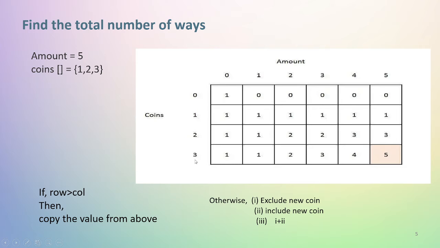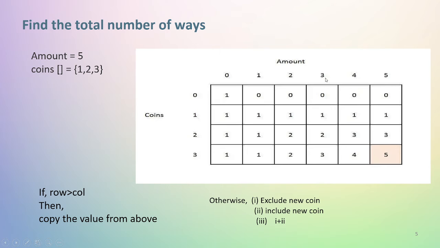Now we can see the last row as well. The row number is greater than the column number, so we write the previous position's value, 2. In this section, the number of row and the column value are the same. First of all, we consider 2.